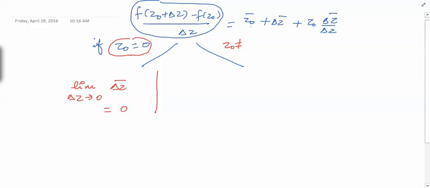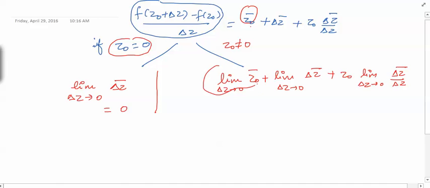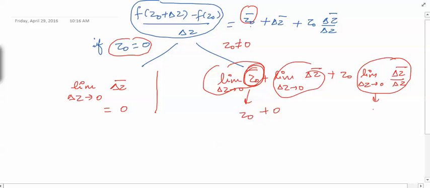When z naught is non-zero, what is this? The limit will be the limit of this thing plus the limit of this thing, del z tending to 0, plus z naught into the limit of del z tending to 0 of del z bar upon del z. Now this first thing is independent of del z, therefore its limit is z naught bar, the limit of the second thing is 0, and we have proved that the limit of the third thing does not exist.